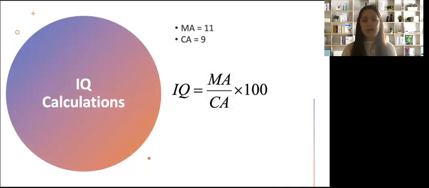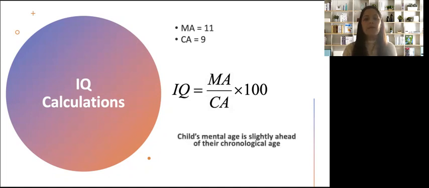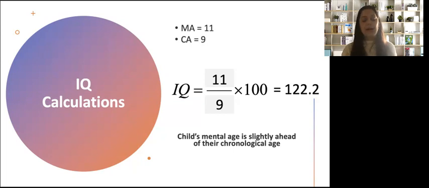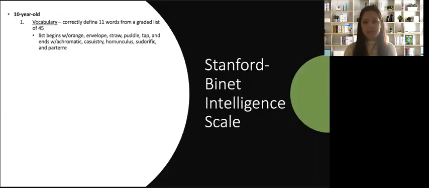So if the child's chronological age is 9, but their mental age is 11, their overall IQ score would be over 100. It would be about 122.2. So his measurement was able to look at the sort of relative IQ score, taking into account both mental and chronological ages. And here's just an example of a Stanford-Binet intelligence scale that might be given to a 10-year-old.